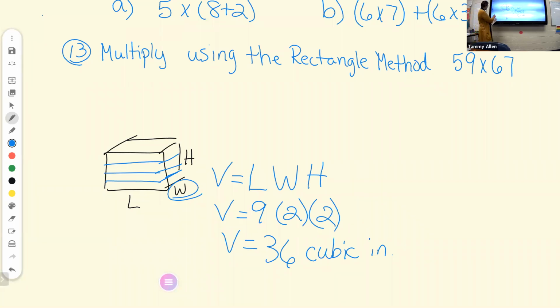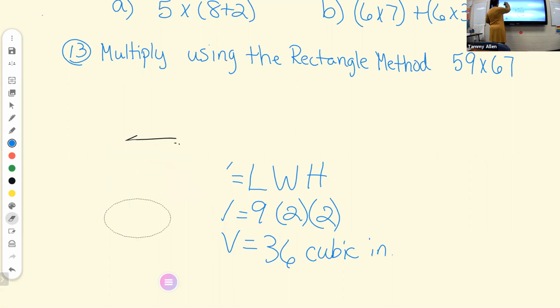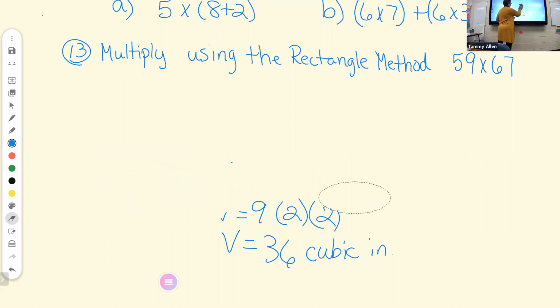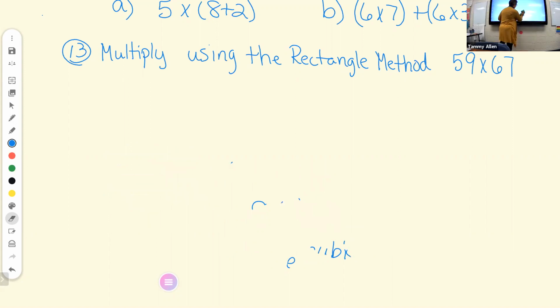Number 5, we have 1/3, and we're adding to it 5/6. What must happen first? What's the common denominator? 6. 1/3 becomes how many sixths? 2 sixths.